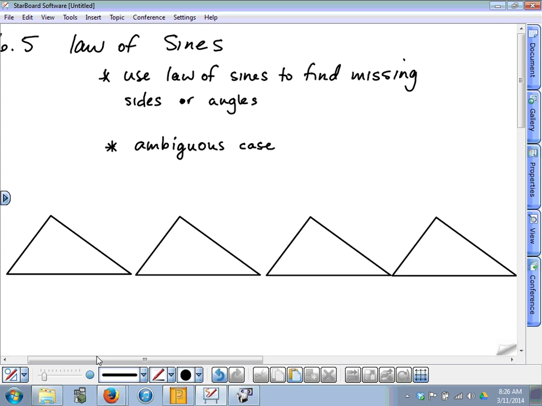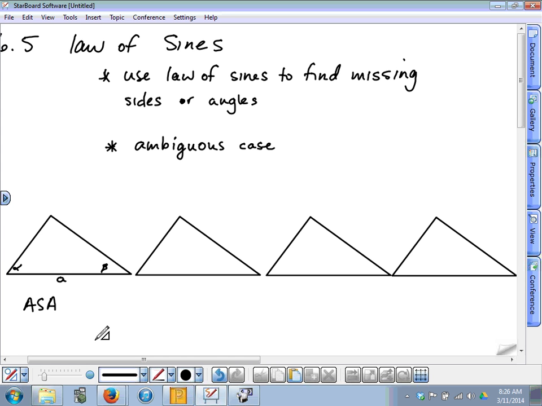So let's say that you have an angle here, alpha, an angle beta here, and let's say that you know side A. That would be angle, side, angle, right?